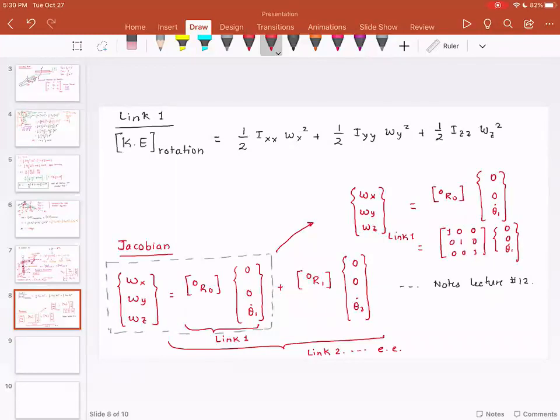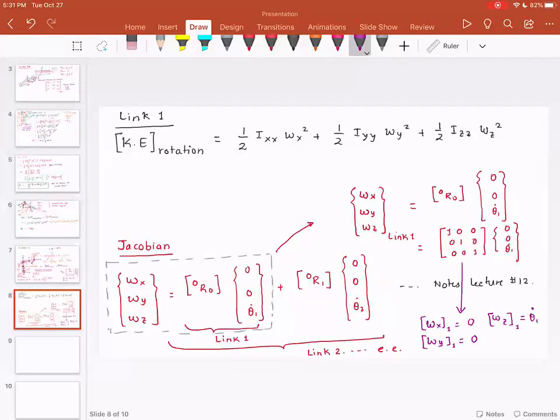When you perform this calculation, this gives you omega x for link 1 is equal to 0, omega y for link 1 is equal to 0, and omega z for link 1 is equal to theta 1 dot.